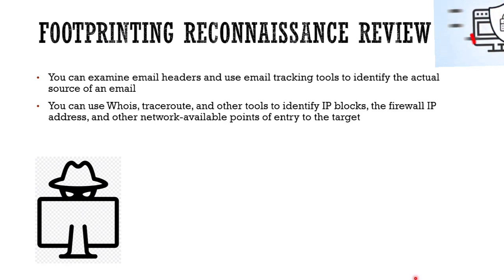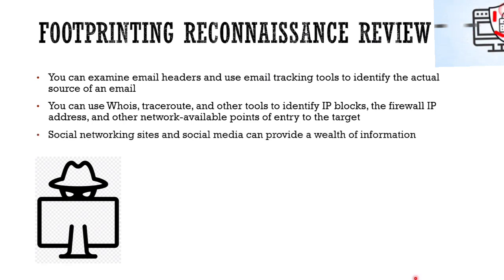And social networking sites and social media, they will give you a ton of information, especially for social engineering. And that's our look at footprinting and reconnaissance. Now we'll move on.